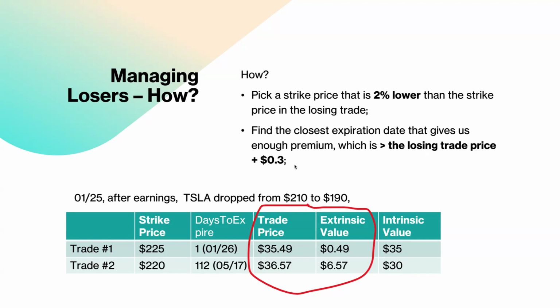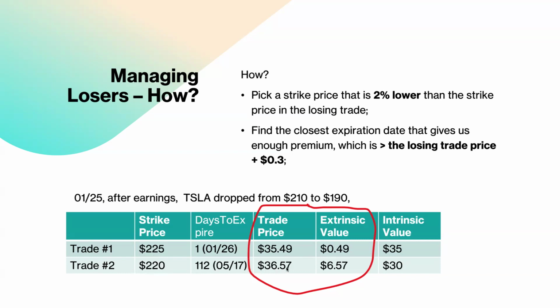Using the Tesla example, trade one on January 25th has an extrinsic value of only 49 cents and the trade price is 35.49. So you close this one and open a new trade, trade number two. The strike price is 2% lower, so that's $5 lower than 225, which is 220.